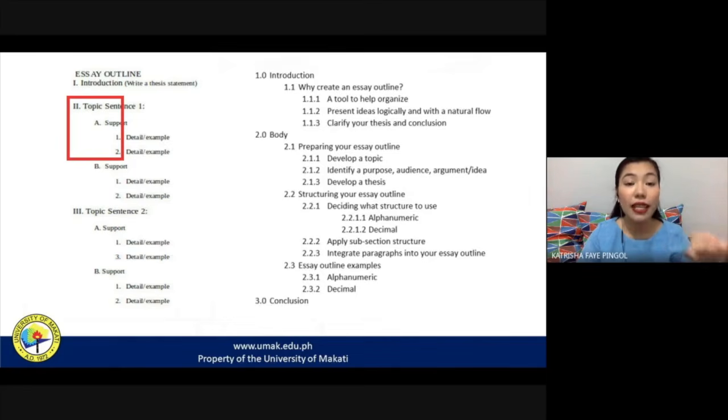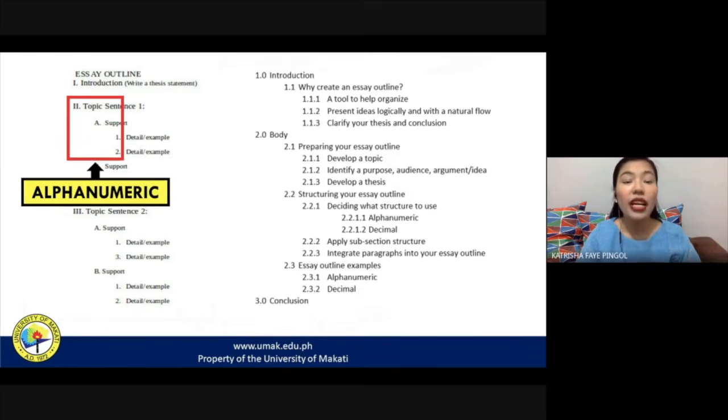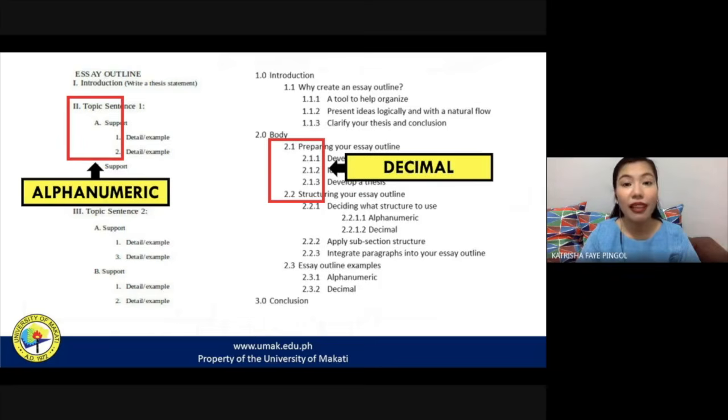Therefore, this particular outline is using the alphanumeric format. Whereas on your right, you can see that we have there 2.1, 2.1.1, 2.1.2 to represent or label rather the ideas and show its subordination, which I will be explaining later. Okay, so therefore, this outline on your right is using the decimal format.